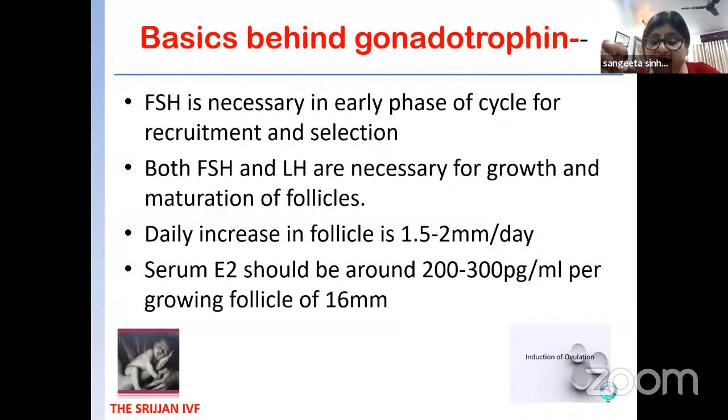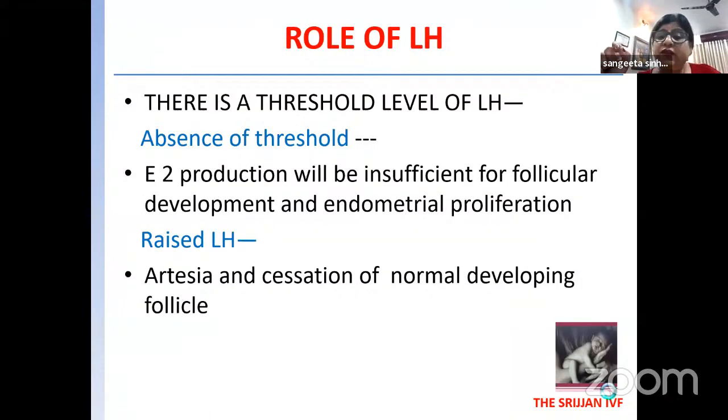Look, FSH defines the ovarian reserve, which you can make out by antral follicular count, by age, and by looking at the sonography. But LH is the molecule of right time, right place. That's very important. So there is a threshold for LH.